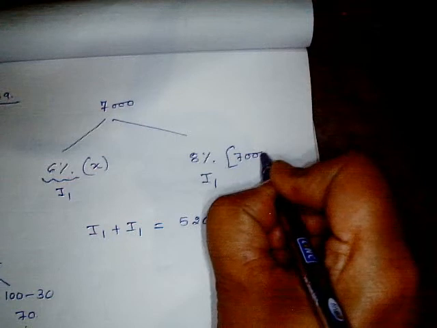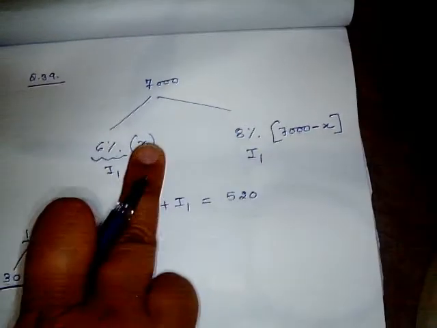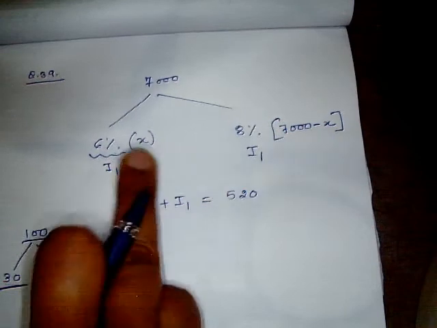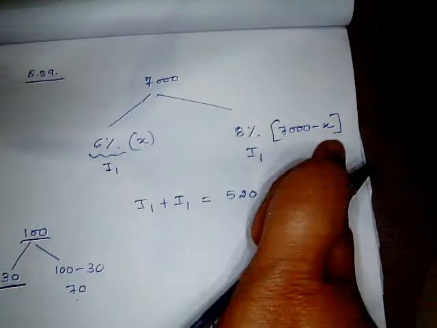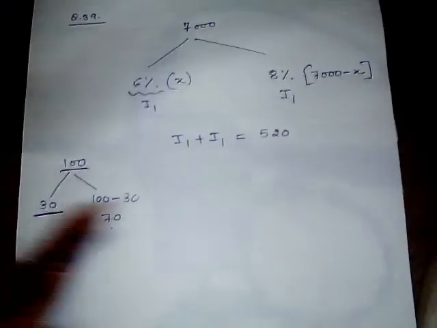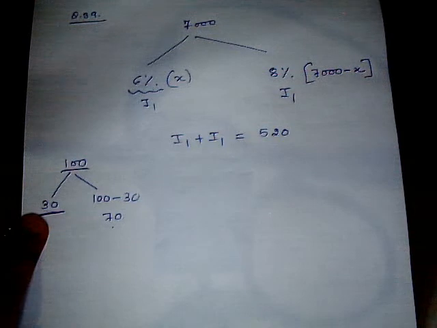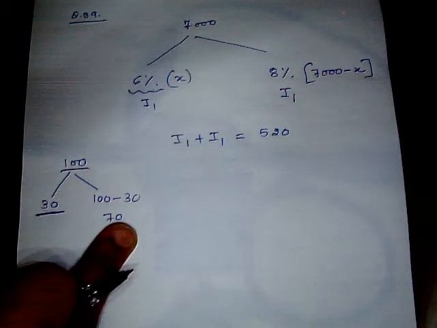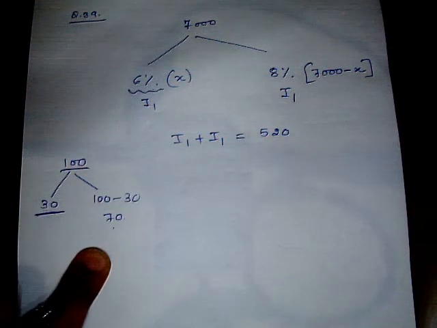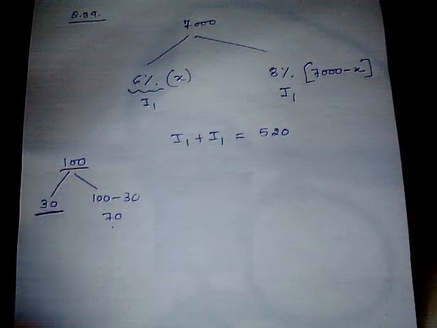Whatever amount I have invested under this, the total minus that amount is invested under the 8%. Like with 100: if I invested 30 in the first, the second is 100 minus 30, which is 70. If I invested 70 in the first, the second is 100 minus 70, so 30. Both investments depend on one another.